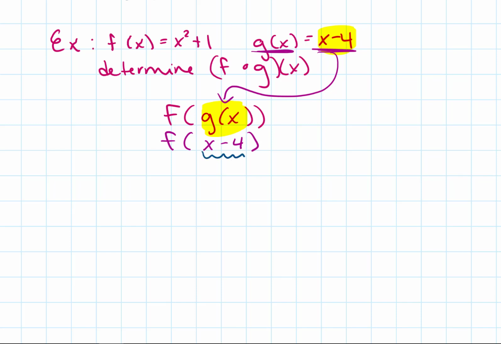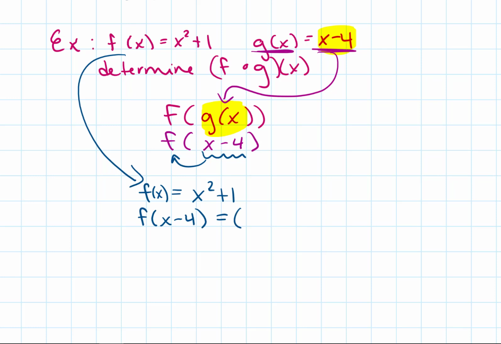So the next thing we're going to do is we're going to take x minus 4 and we're going to plug it into the f function. Here is the f function. We're replacing that with x minus 4. So x minus 4, x and x. So we'll put x minus 4 on the other side as well.